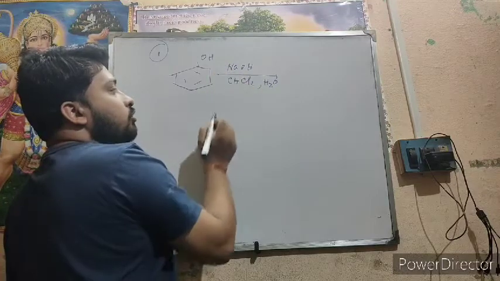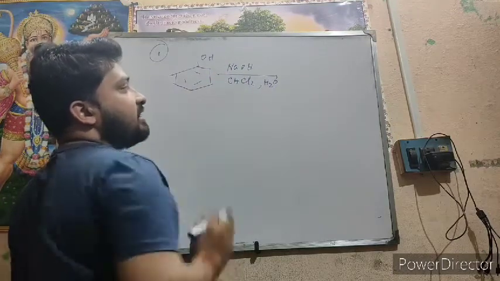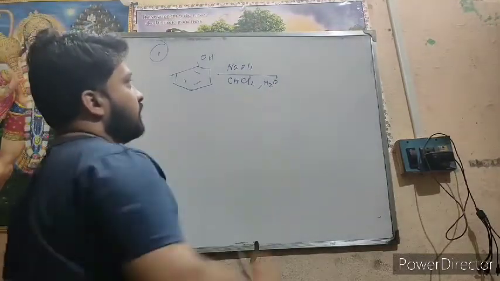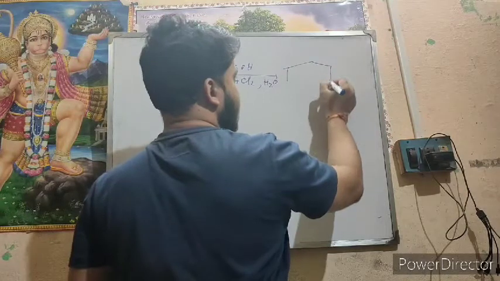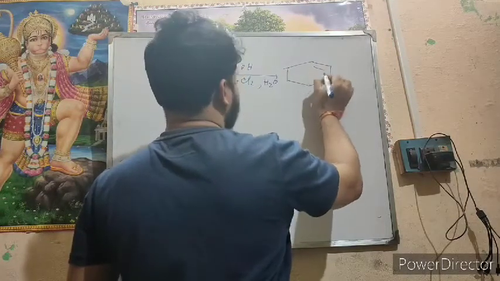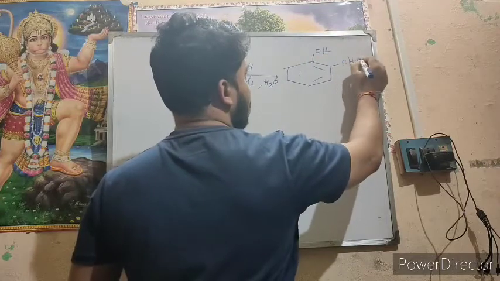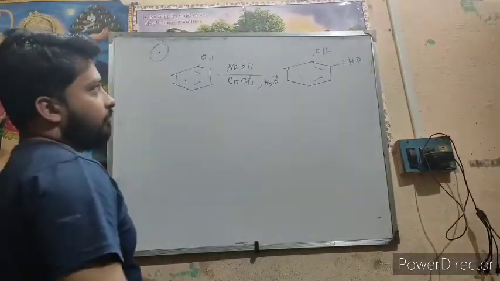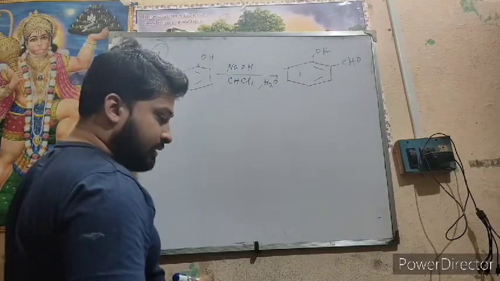Very carefully you should remember it. Phenol reacts with NaOH and CHCl3 with water. What do you get? You get salicylaldehyde. This is OH and you get CHO on the ortho position of the phenol. So this is very important. Salicylaldehyde.